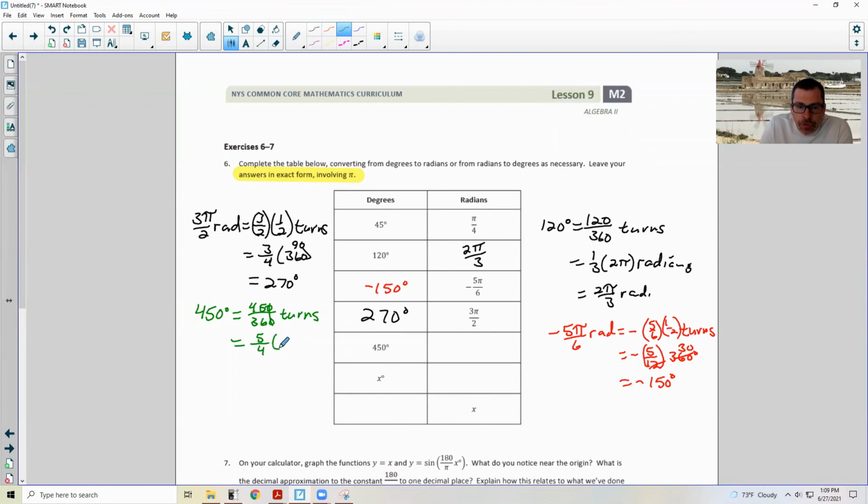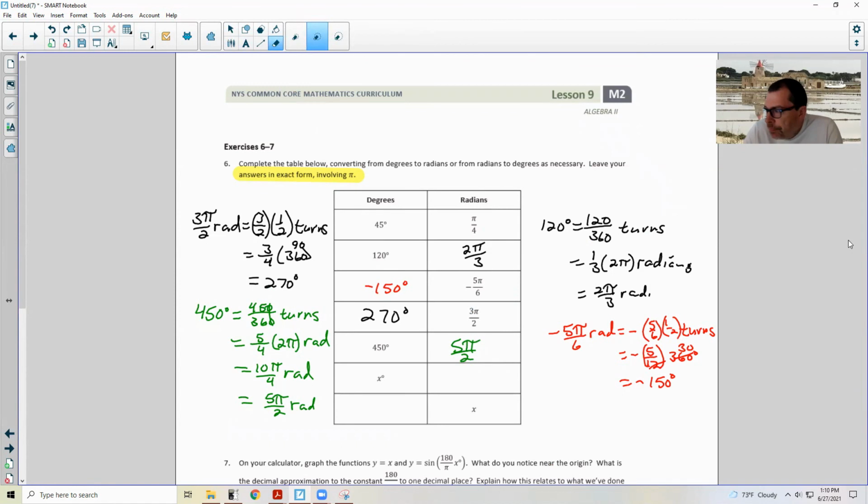So it's 5 over 4 times 2 pi radians, which would equal 10 pi over 4 radians, 5 times 2. And that reduces to 5 pi over 2 radians. Okay, I don't need the word radians because it's the table with the radians in the top.